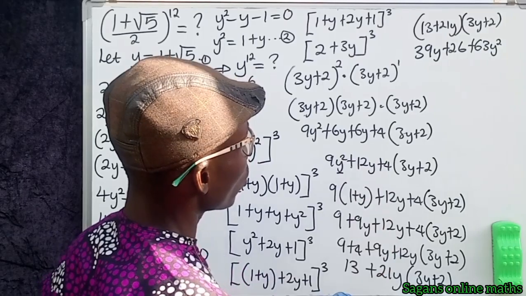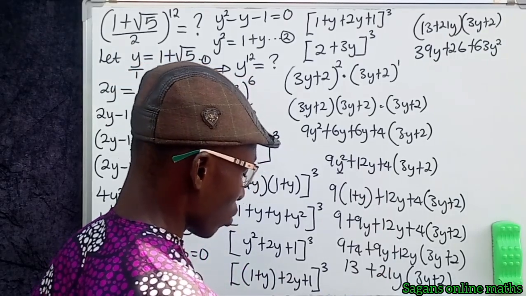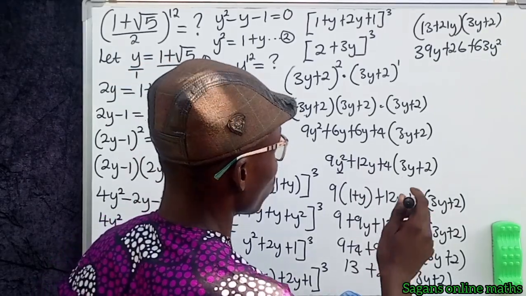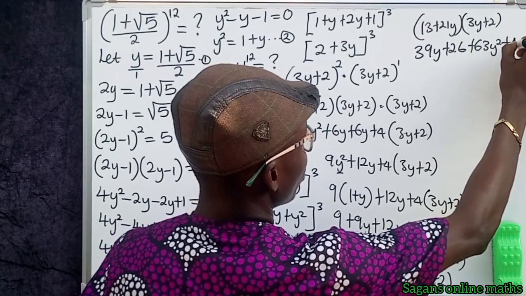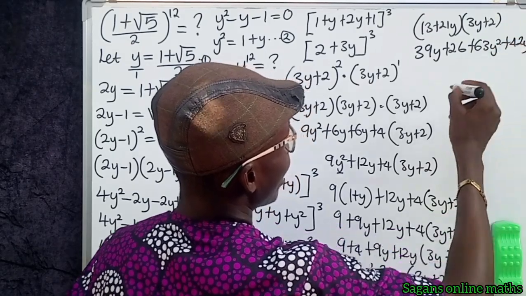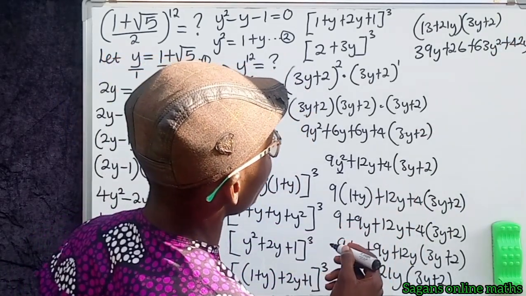Then 21y times 2 is going to give us 42y, right?